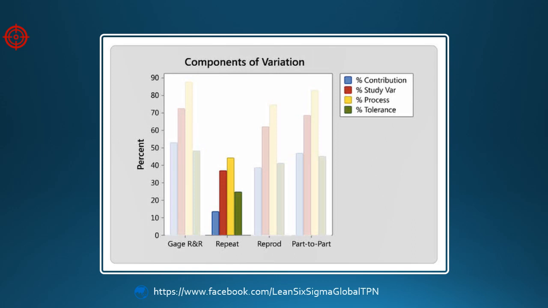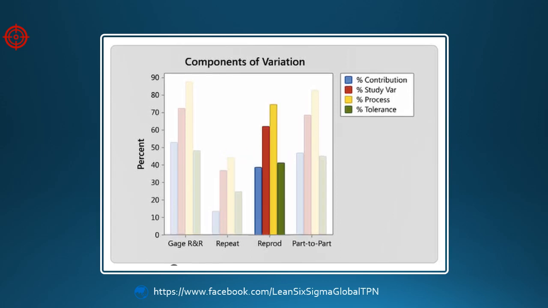Repeatability, shown here, is the variation observed when the same circuit board is measured multiple times by the same operator. This component is the reproducibility variation. This variation is observed when the same circuit board is measured by different operators.